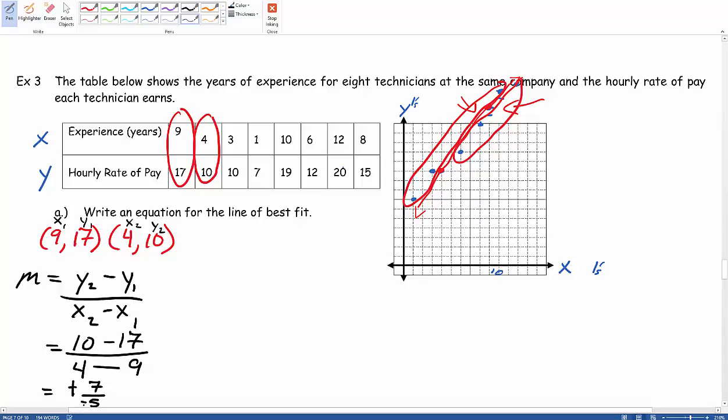So our slope here is positive 7/5, because a negative divided by a negative is always a positive. So our m here is 7/5.